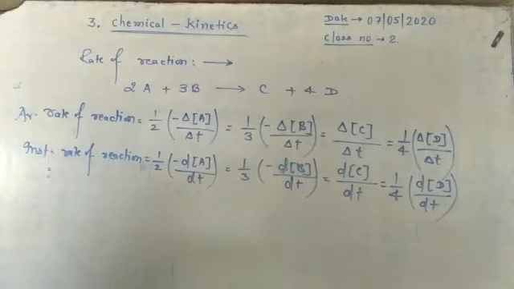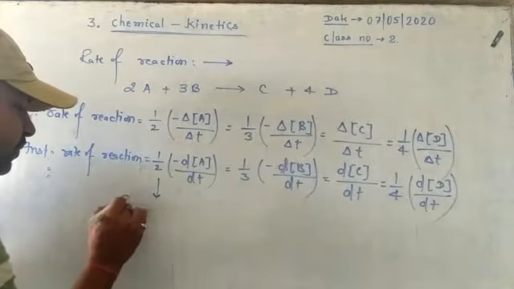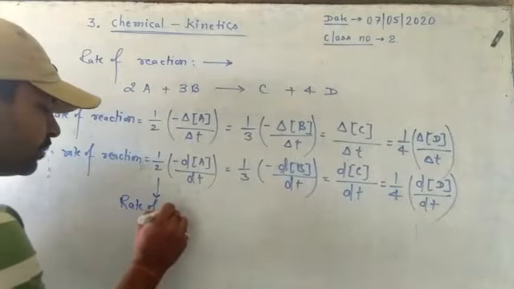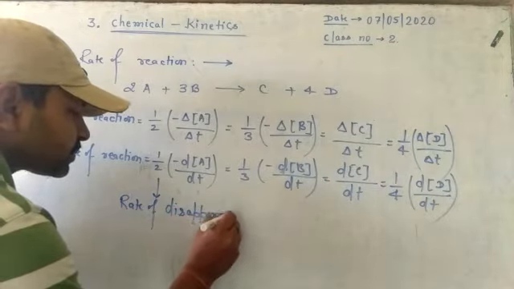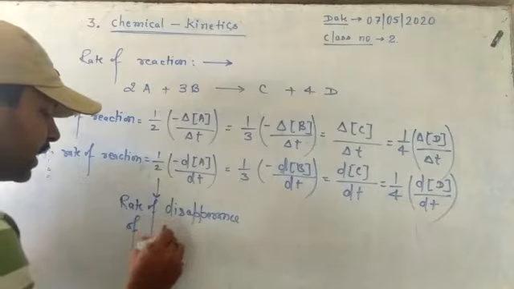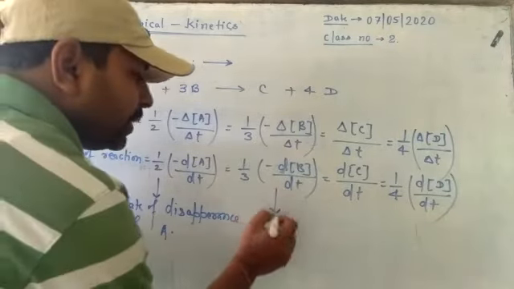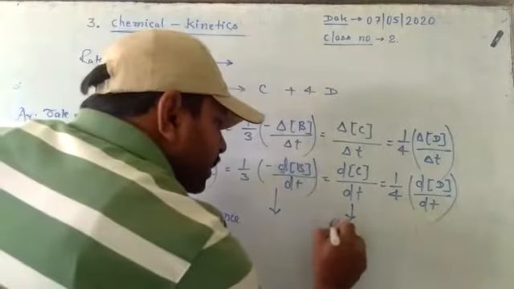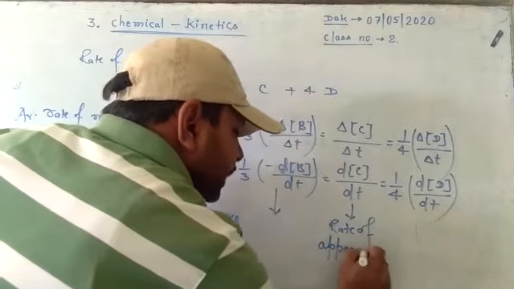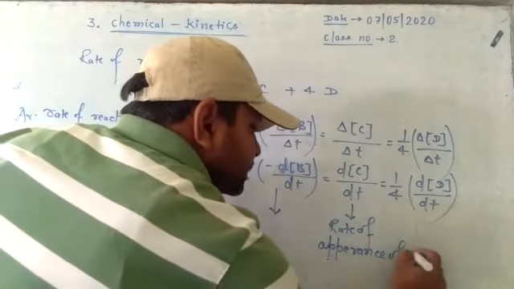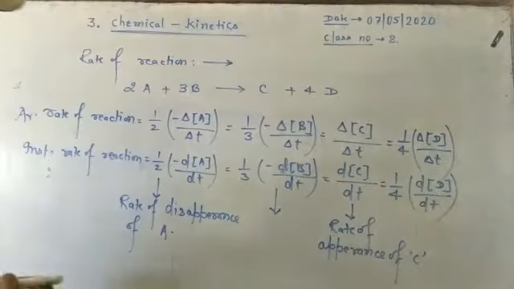So this is the rate of disappearance of A, this is the rate of disappearance of B, this is the rate of appearance of C, and this is the rate of appearance of D.